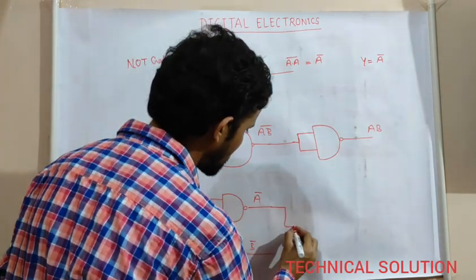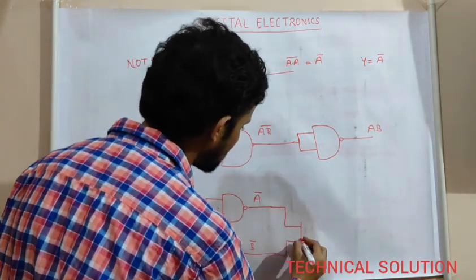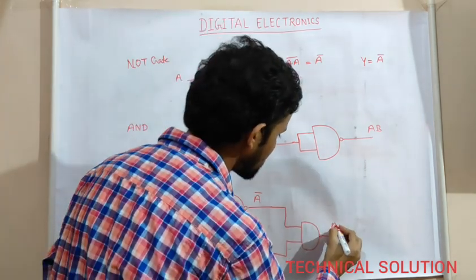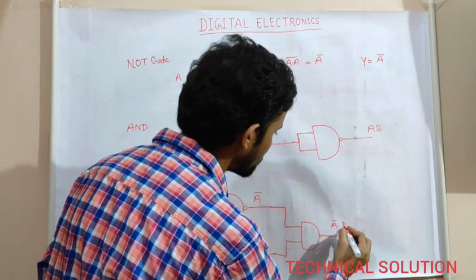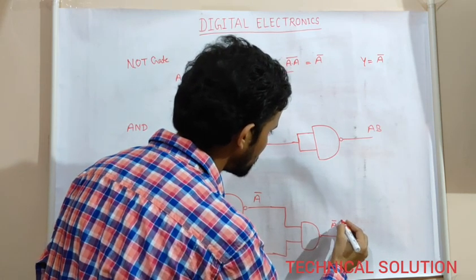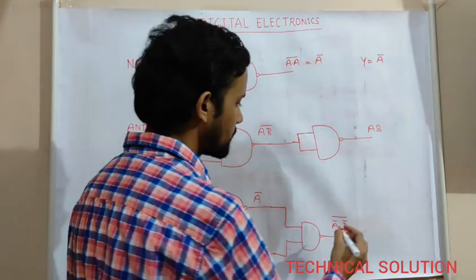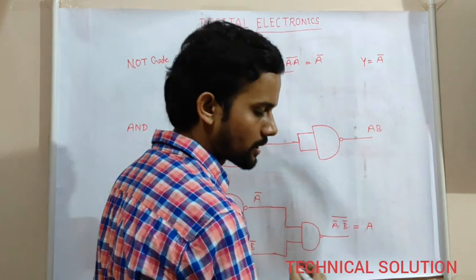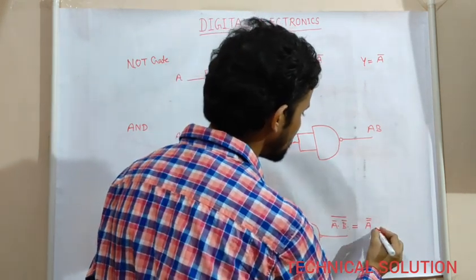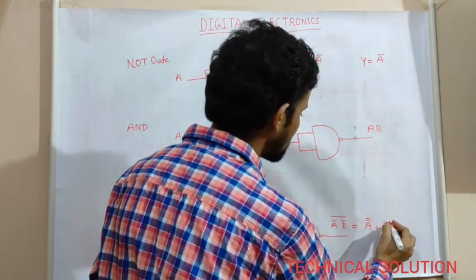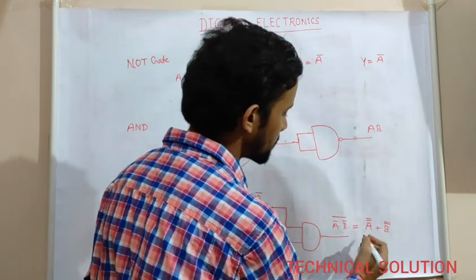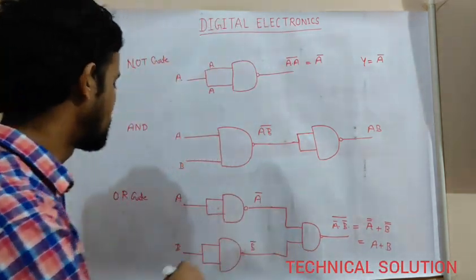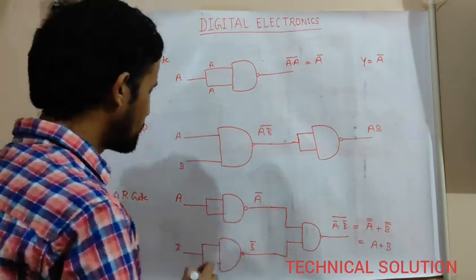If we pass these through a NAND gate, then we get the complement of A bar times B bar. By De Morgan's theorem, this can be given as A complement complement plus B complement complement. As the complement is already present, the double complement gives A plus B. This is the realization of OR gate with the help of NAND gate.